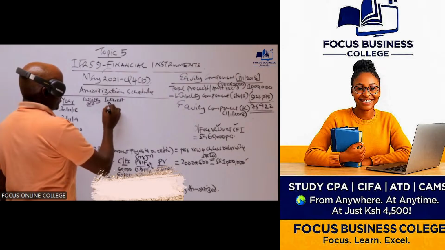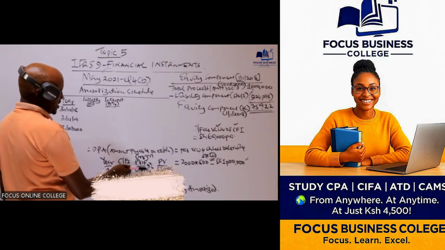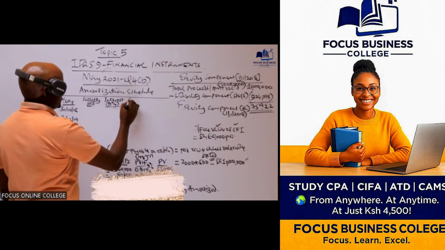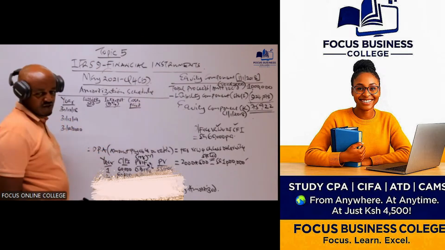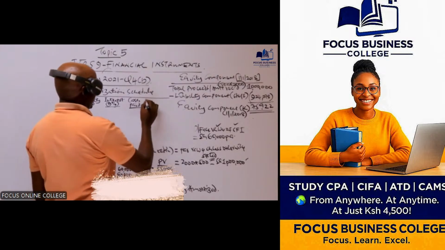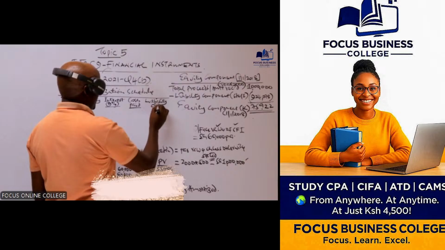If you can recall, the rate we used for discounting was 9%. That is, we compute this interest based on this market interest rate, not the coupon rate. And then here we have the cash paid, and then the last column, which is the liability at the end of the year.